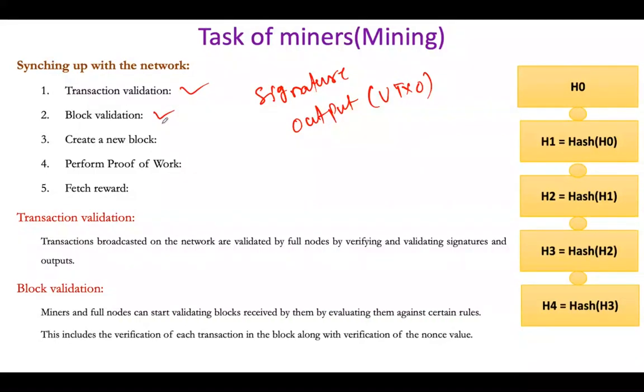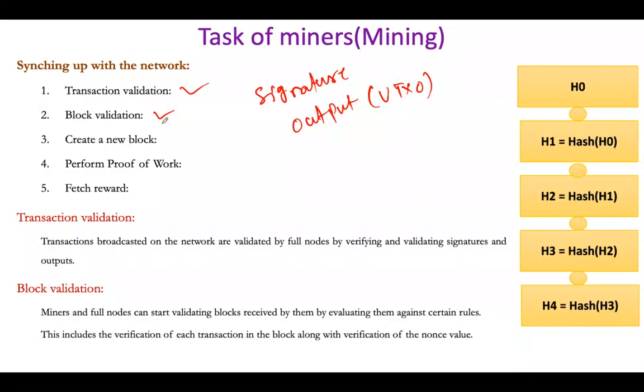That is another task performed by the miner. Block validation means the miners and full nodes, that is all the nodes in the network, start validating blocks received by evaluating them against certain rules. We will discuss what those rules are.